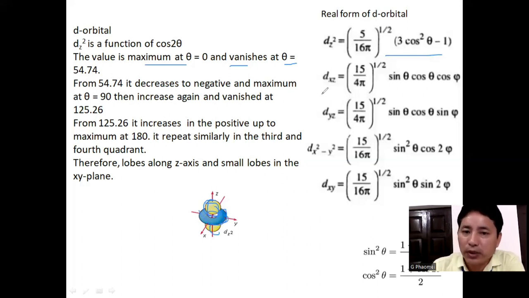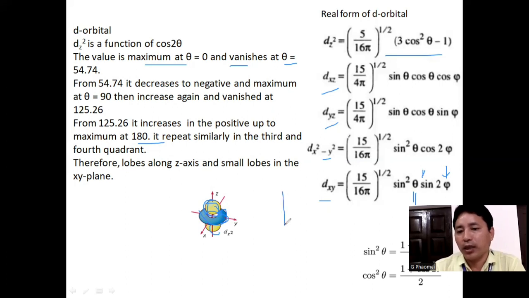Similarly for dxy, dyz, dx square minus y square, and dy square, I have given here the points where the angles become 0 and where they become maximum. So you can put in the values of theta and phi. That means you fix phi and change theta, or you change phi.